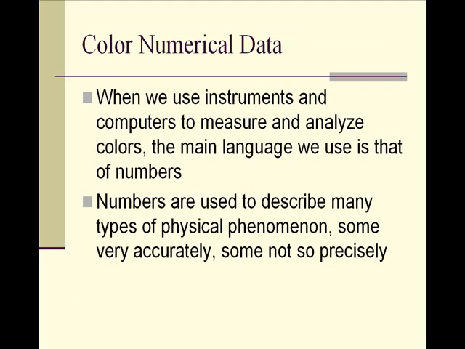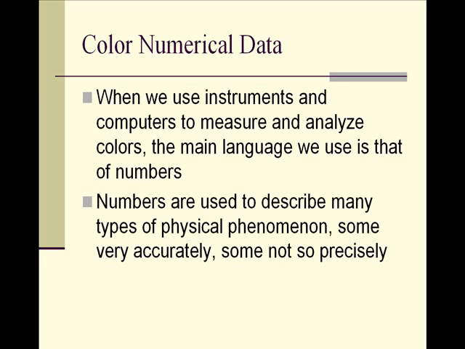When we use instruments and computers to measure and analyze colors, the main language that we use is that of numbers. We go from our visual perception, where we use words like red, green, blue, and yellow, and convert those into numbers. Numbers are used to describe many types of physical phenomena, some very accurately, some not so precisely.